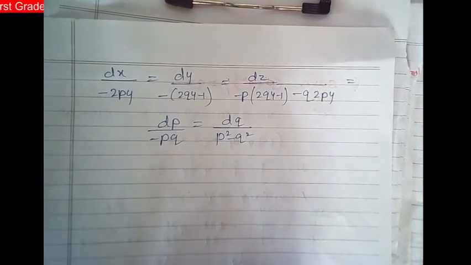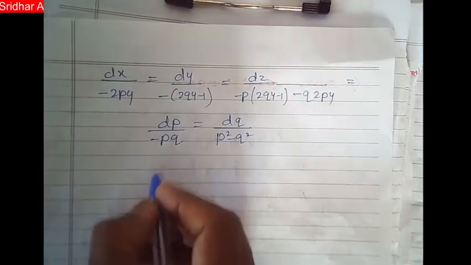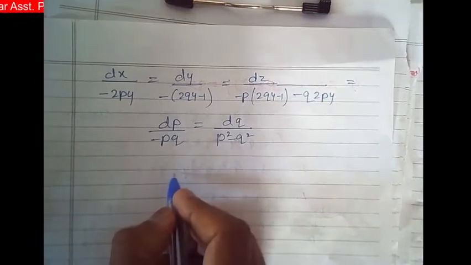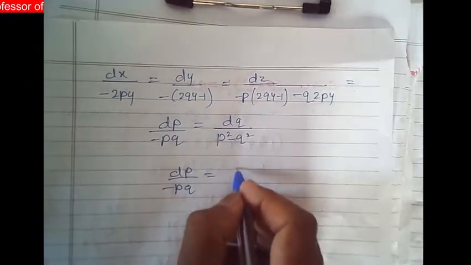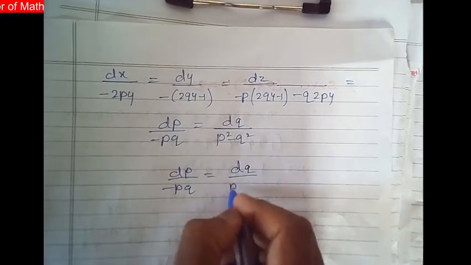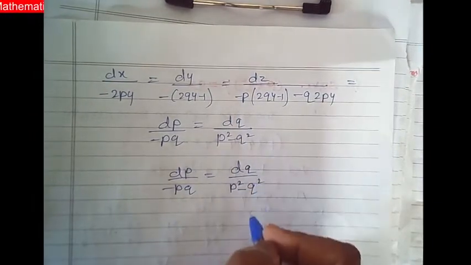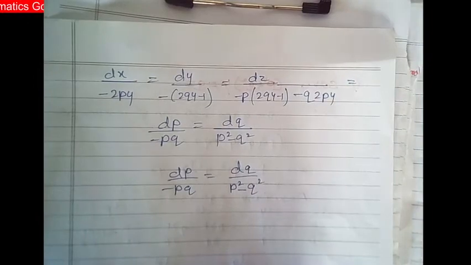Okay, so now take any two equations. That is dp divided by minus pq is equal to dq divided by p square minus q square.